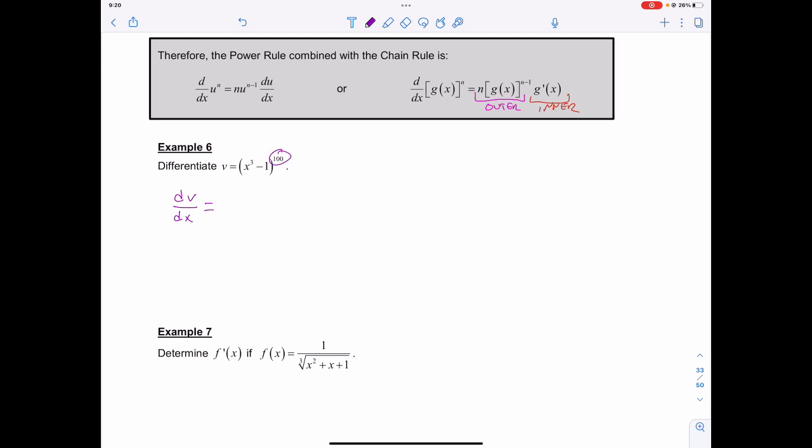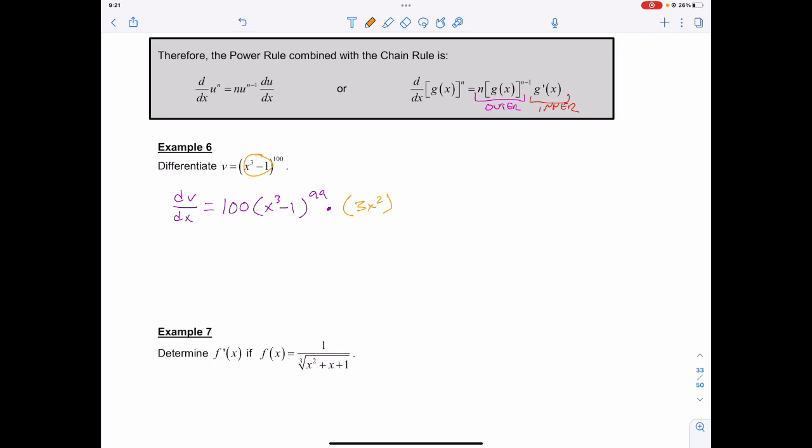If I had something, ignoring what this is for a second, something to the power of 100, then I would just say it is 100 times that something to the power of 99. And in this case, I know that that something is x cubed minus 1. So what's in the brackets stays the same. Then I just multiply that by the derivative of what is actually inside the bracket, which is just going to be 3x squared.